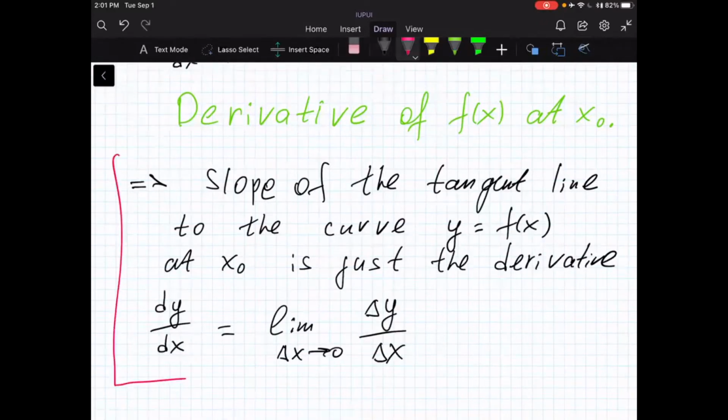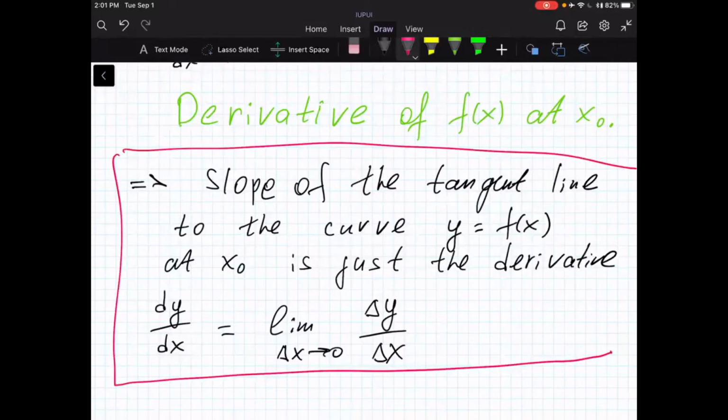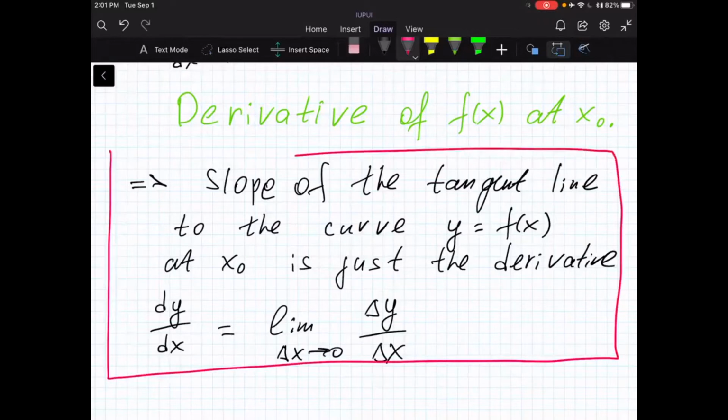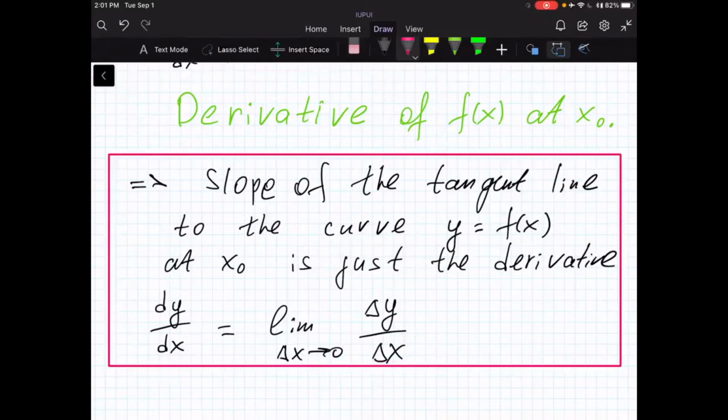And this is kind of the origin of the derivative. It is the slope of the tangent line.